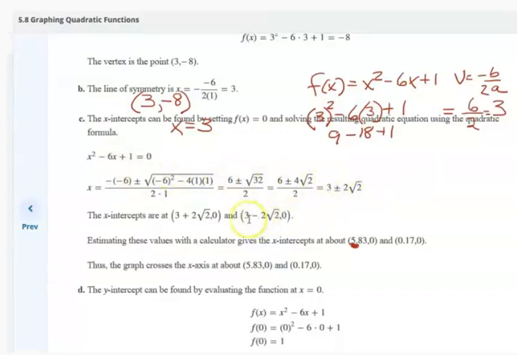And again, these are ordered pairs. Let's see if we can pick them out here. This is the x value, comma 0. This is the other x value, comma 0. And these are the zeros.